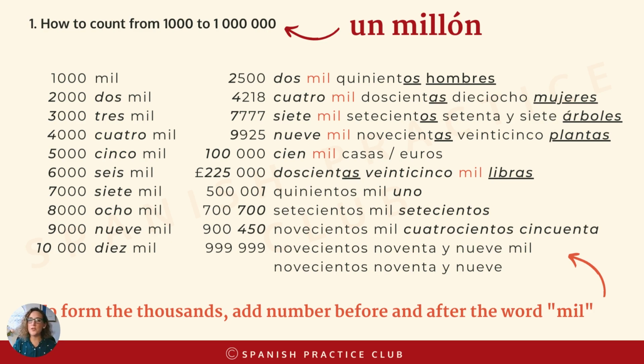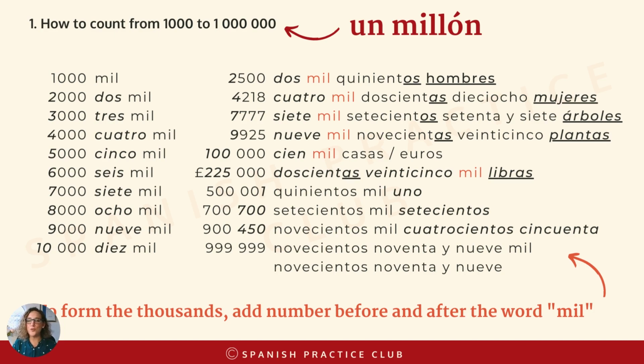If we are talking about money, for example pounds, the word for that currency in Spanish is libra. In the plural, we've got libras. So to say 225,000 pounds, that would be 225,000 libras.